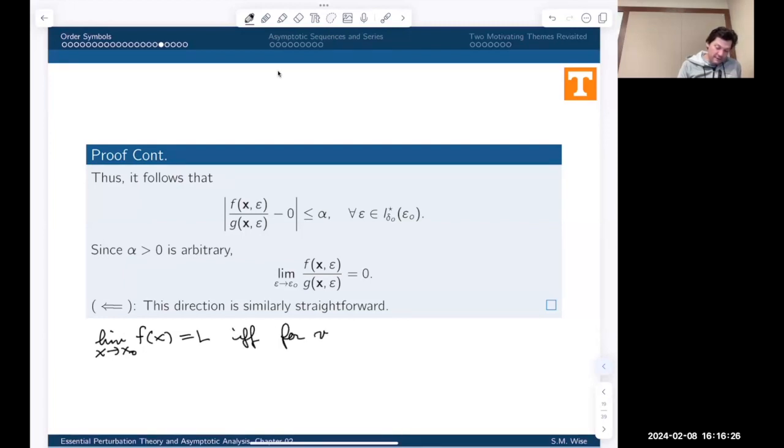for every epsilon greater than 0, there exists a delta greater than 0. Delta in general is a function of your limit point.